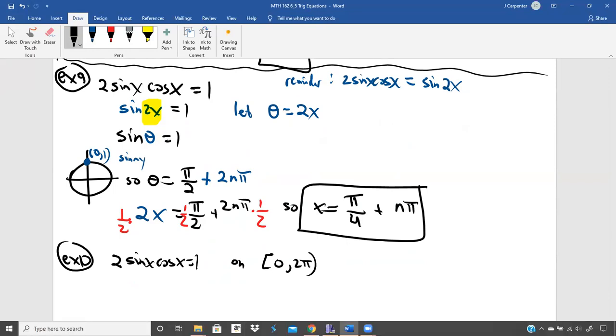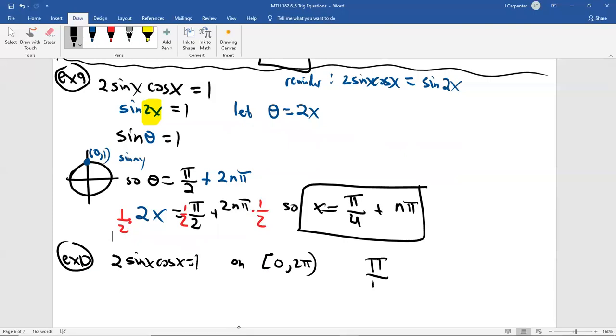So that means you would not have the plus 2n pi there, and you might think, oh, okay, well then just the answer is pi over 4. Just cut out the periodic nature. Unfortunately, it does not work that way.